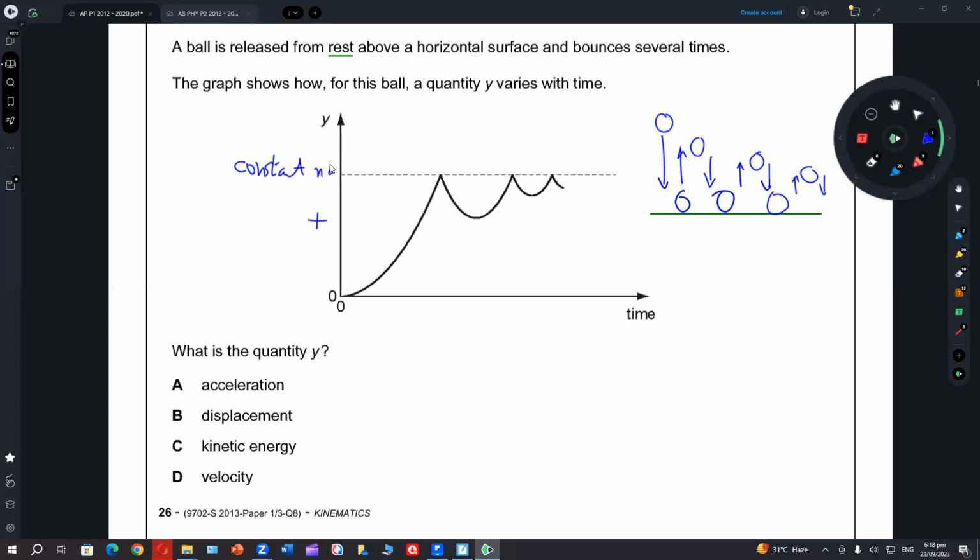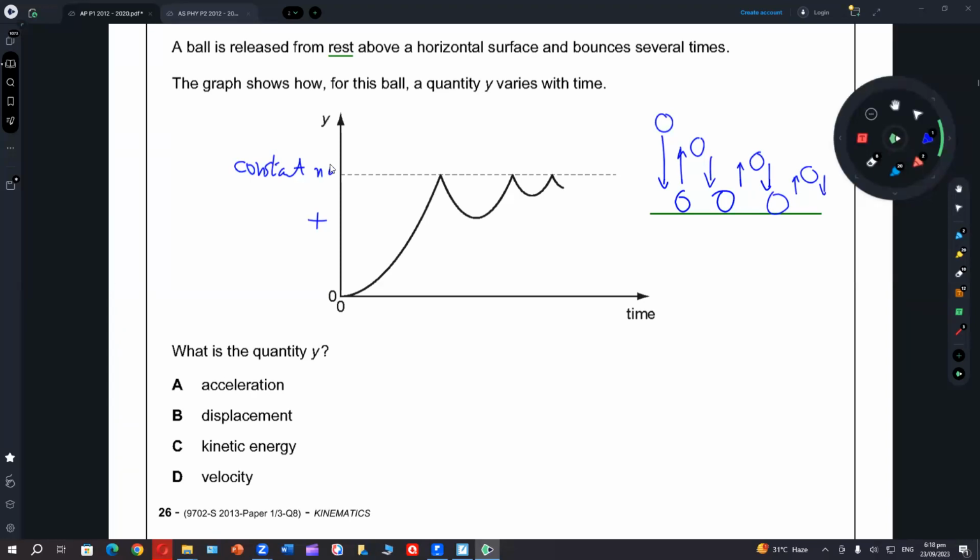Second is displacement. Displacement is the separation from the original position. And you can see every time the ball is losing displacement, and eventually the ball will ground, and when the ball grounds, displacement will be zero.